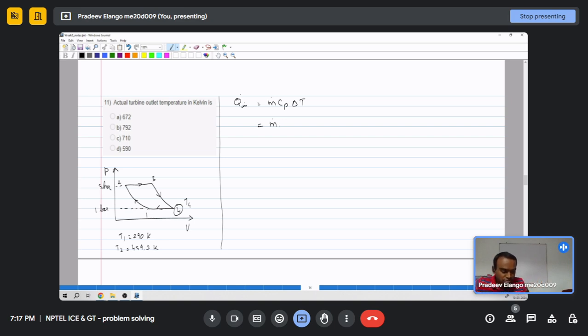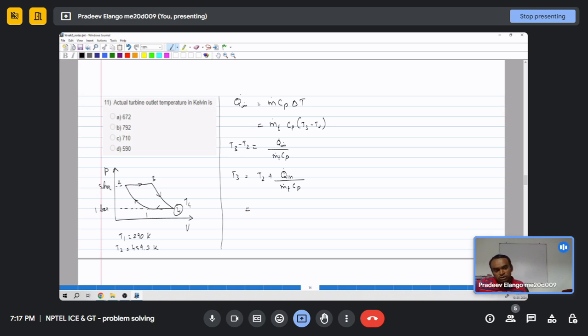So we will have m total, into Cp into the temperature difference between T3 and T2. Now we can calculate T3. T3 minus T2 will be Q dot in by m dot total into Cp. Now T3 is equal to T2 plus Q dot in divided by m dot total into Cp.